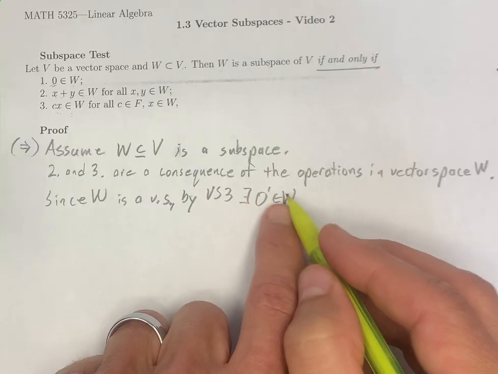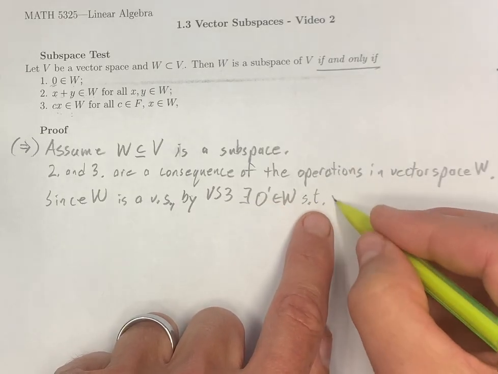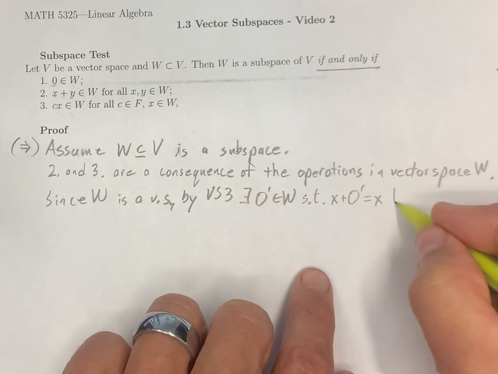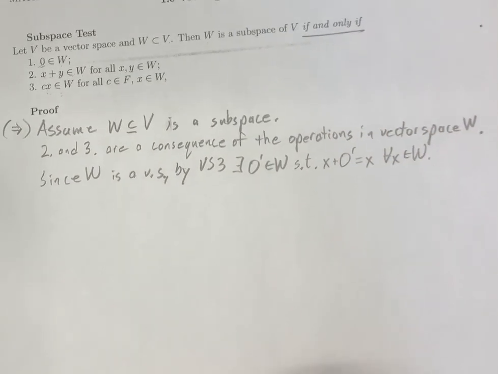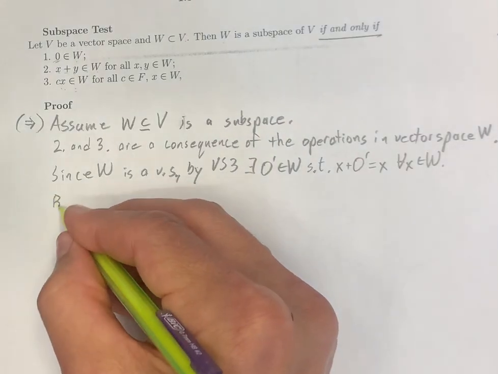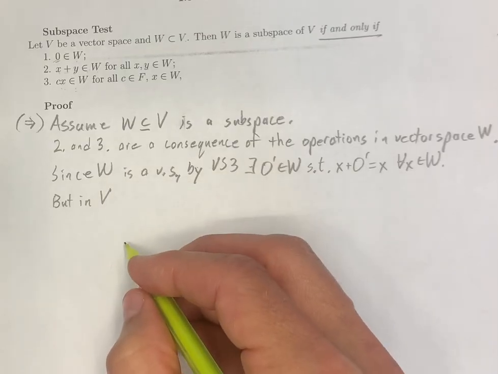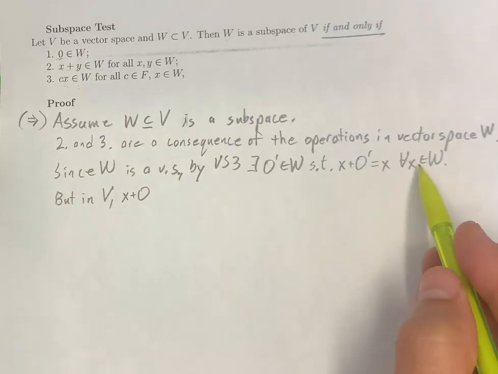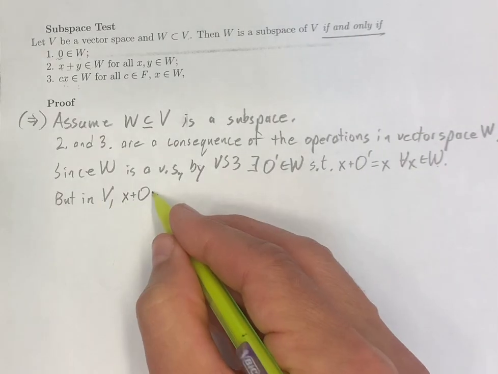There exists 0 prime in W such that x plus 0 prime equals x for any x in W. But we also know, purely in V, that x is an element of W, so it must be an element of V, and x plus 0 equals x.